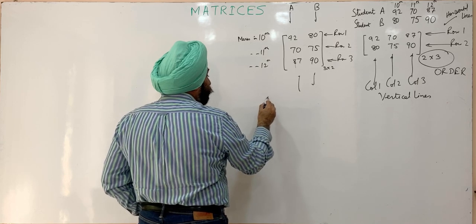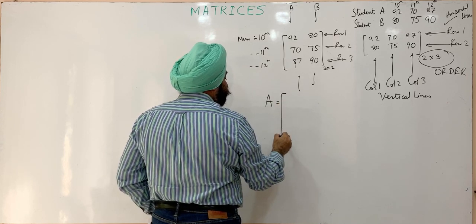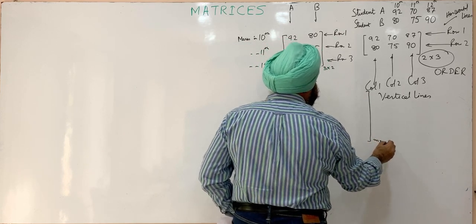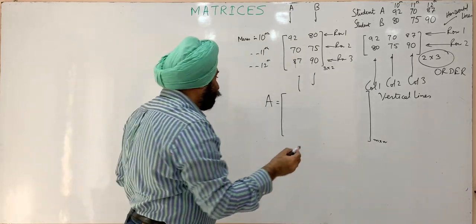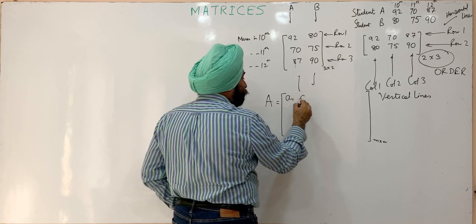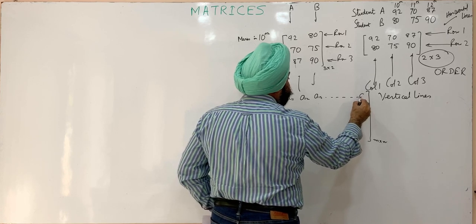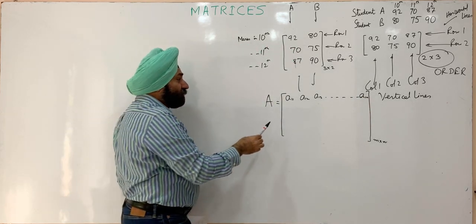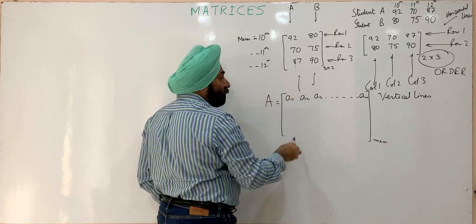We can have a matrix like A. Let's write a general matrix of order m into n. m is number of rows and n is number of columns. So the first row elements we write a11, a12, a13 and so on, a1n. a11 means element at the intersection of first row and first column.